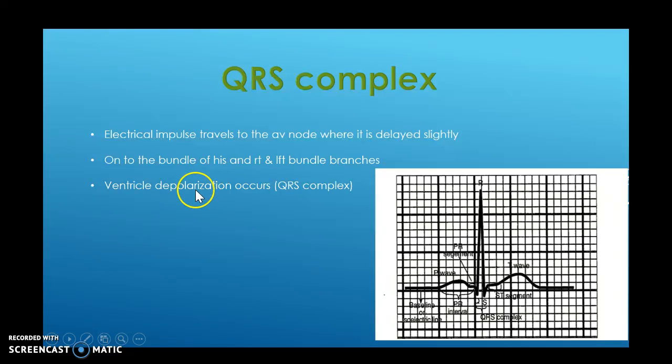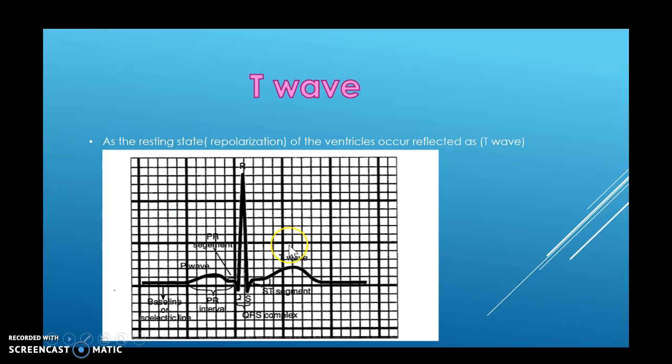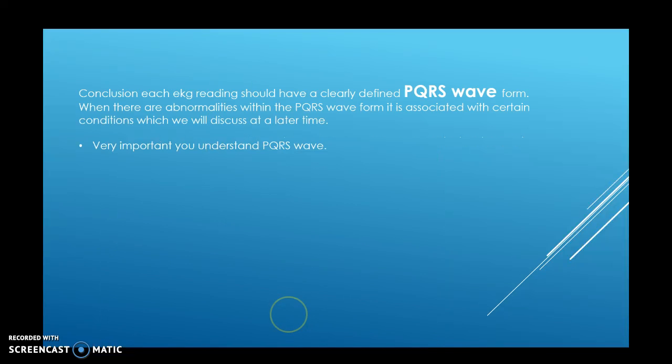Ventricular depolarization. Key there. Okay. T wave. T wave is the resting state, the repolarization, when the ventricles relax. Okay.